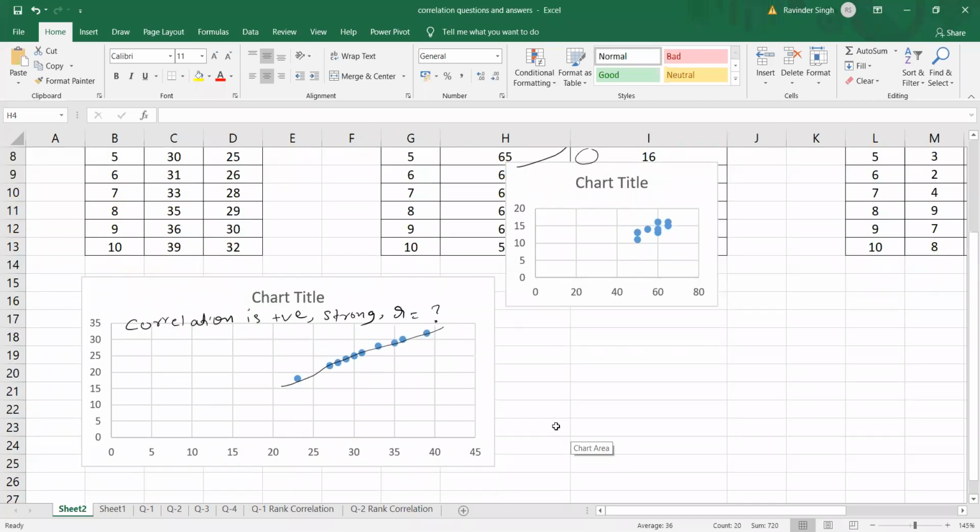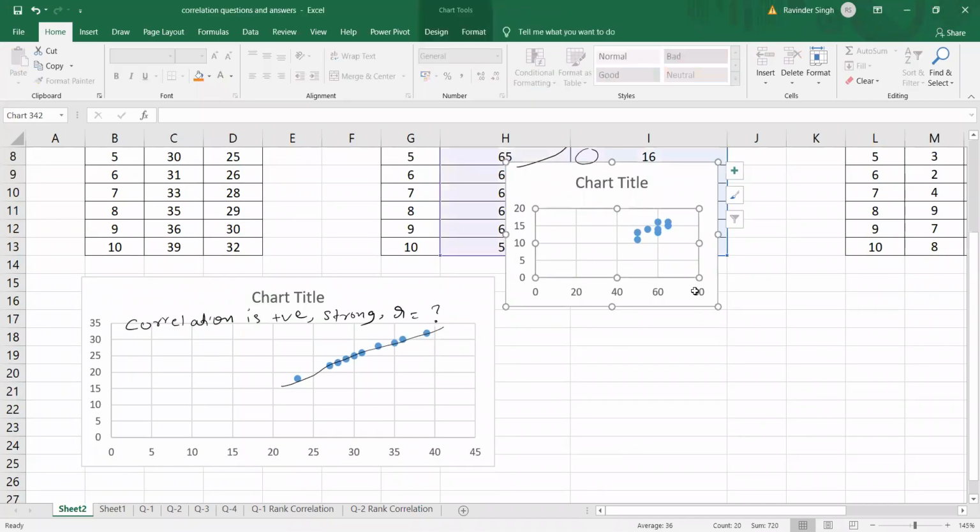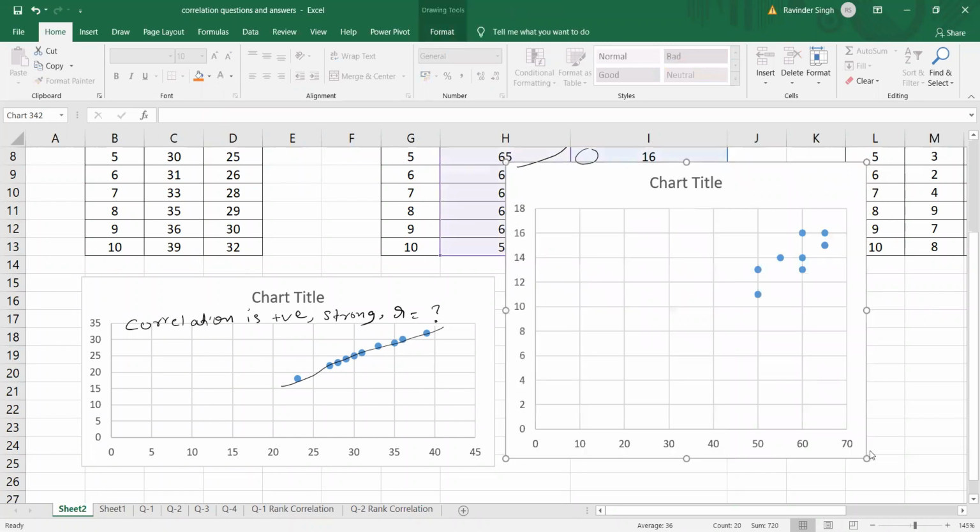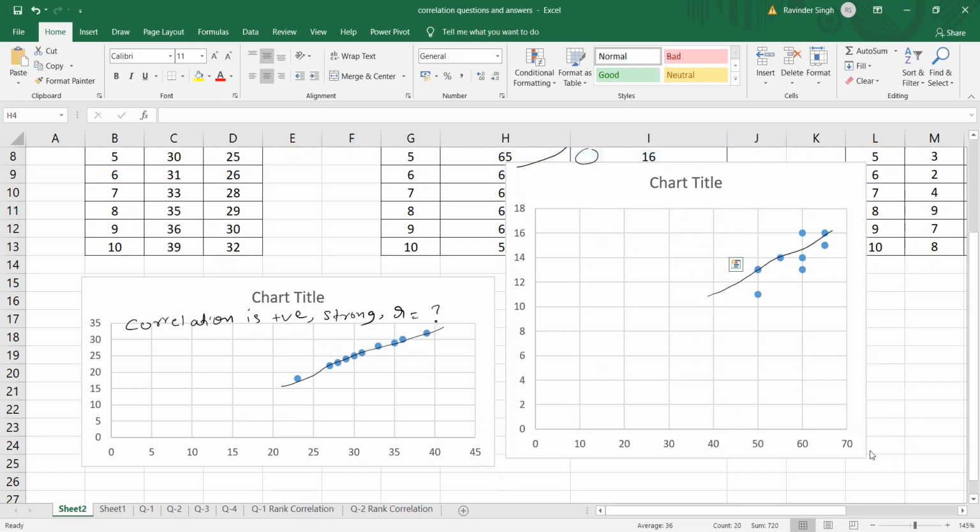That is not known. Whereas if we go back to the second data and try to draw a straight line, keeping in mind that almost all the points should lie on it, you can see three points are lying here, and some points are left out, going away. So what kind of correlation do they have?